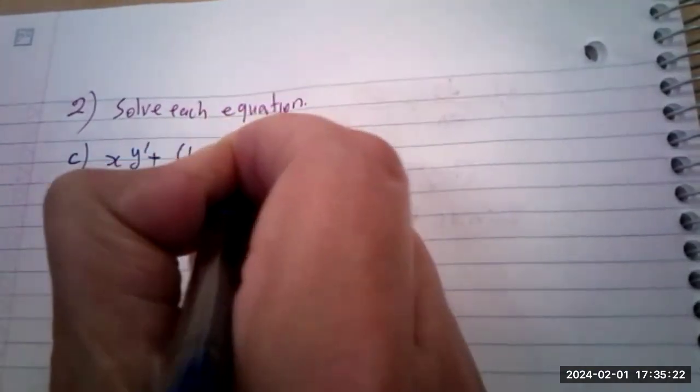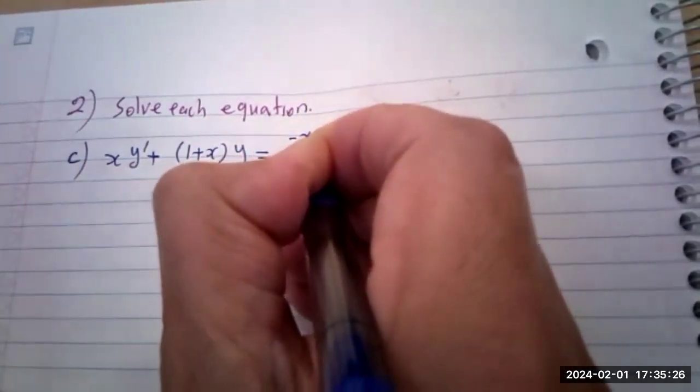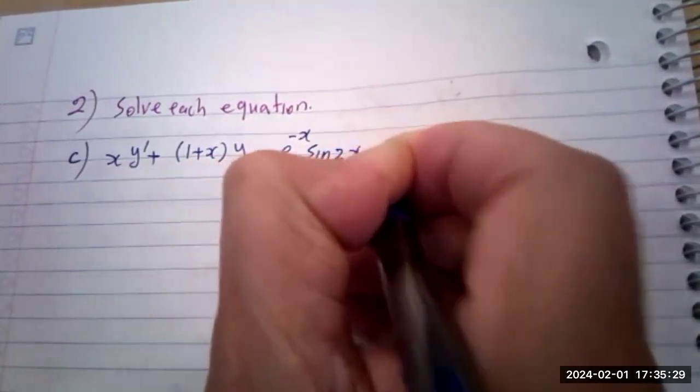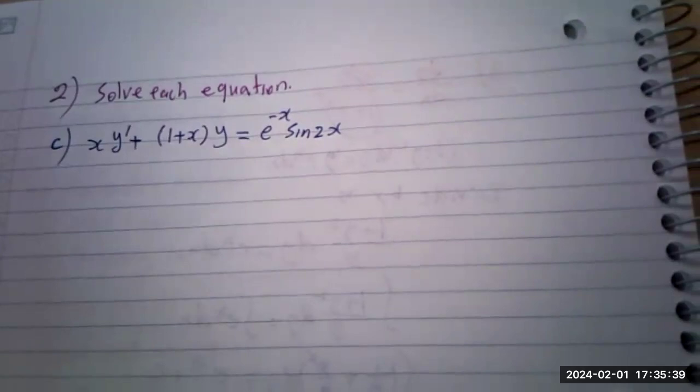It's x y prime plus 1 plus x times y equal to e to the negative x sine of 2x. You know that a linear equation is y prime plus p(x) y equal to q(x).